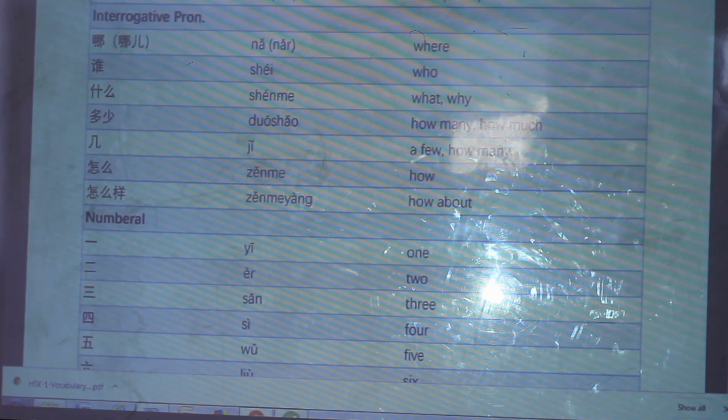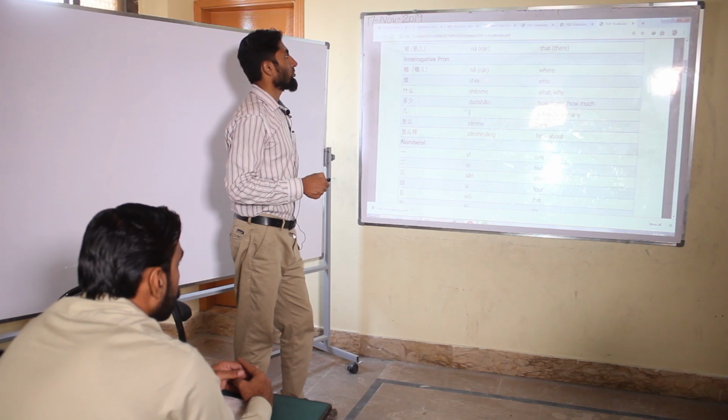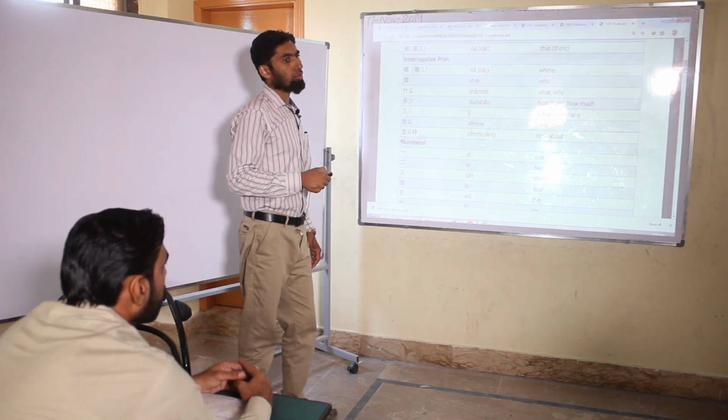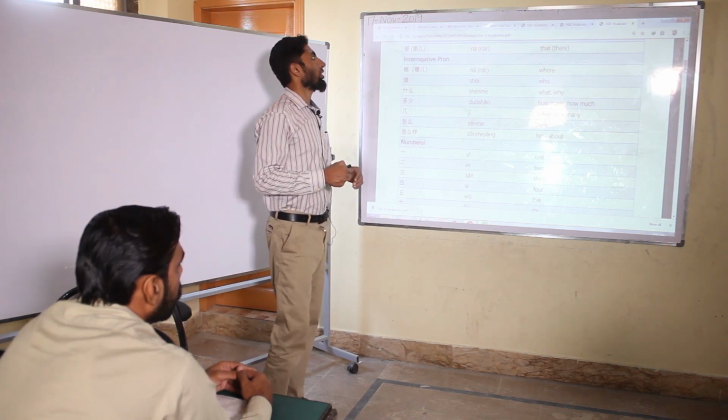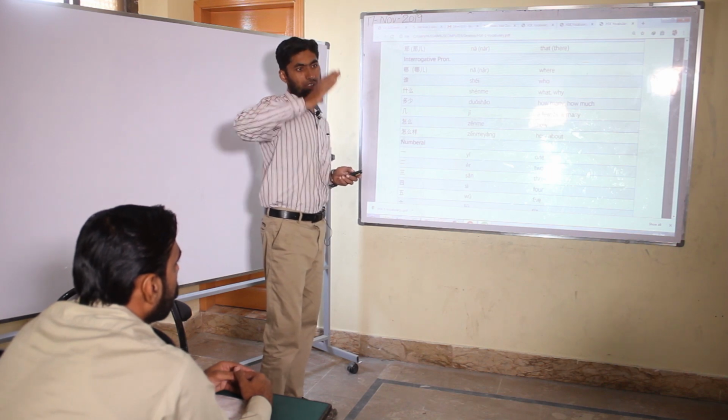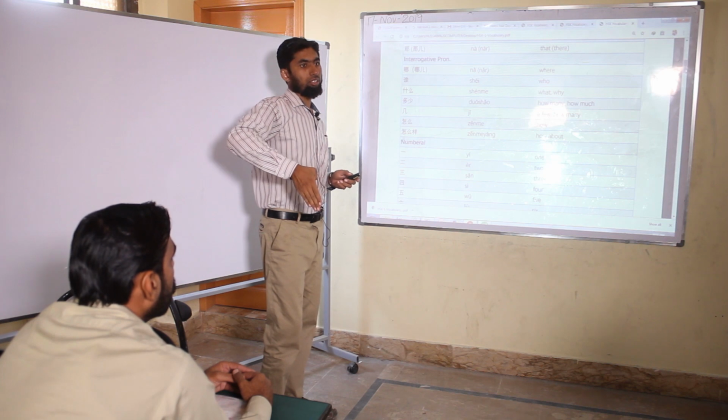Interrogative pronouns. Na, nar. Both are translated as there, but the tone is changed. The difference is in the tone. This one has a fourth tone. No, this is the tone symbol. The fourth tone is like this.